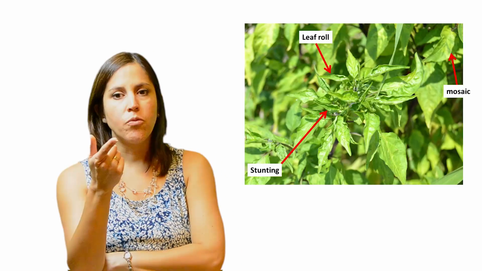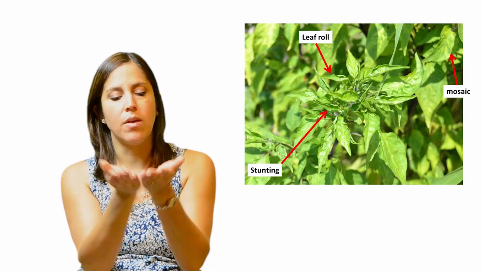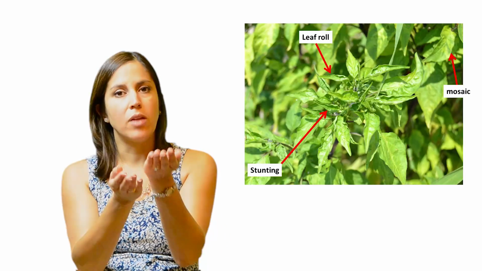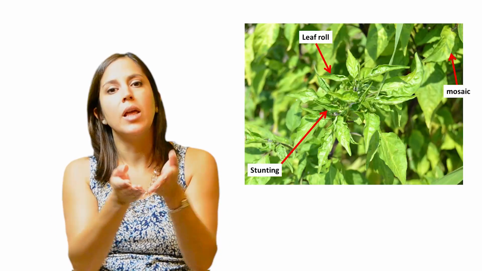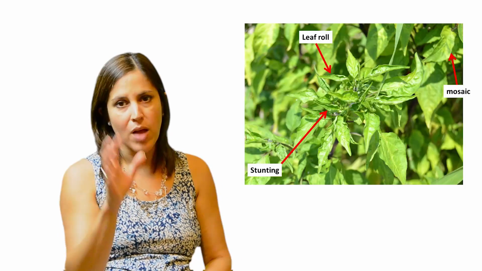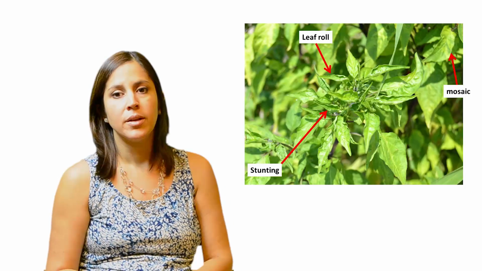Also in this picture you can see the leaf rolling, in many of the leaves rolling towards the inside, so the upper surface is getting rolled up. And you have other leaves where the mosaic is also showing up.